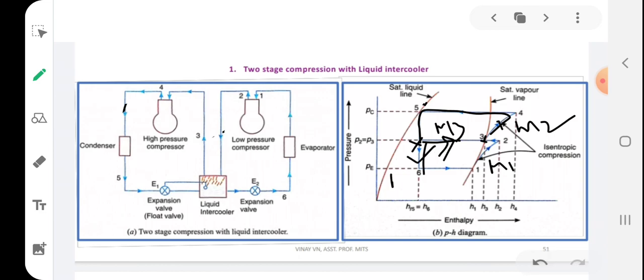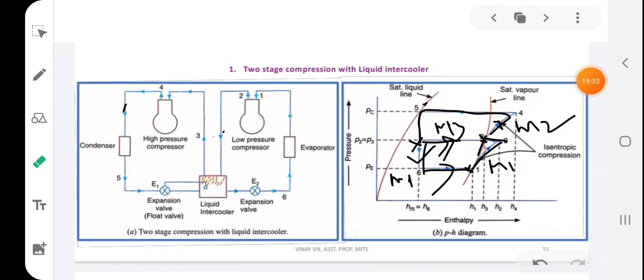This m1 reaches here, and is again joined with m3 plus m1, again m2. So the cycle repeats. Okay, hope you have understood the concept.